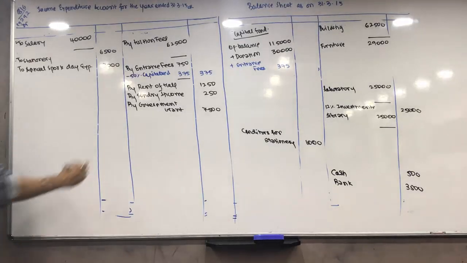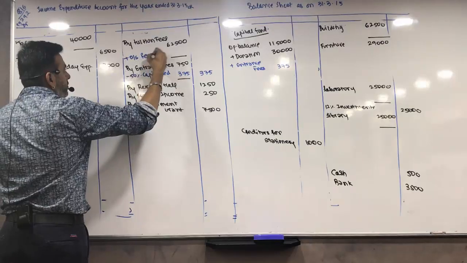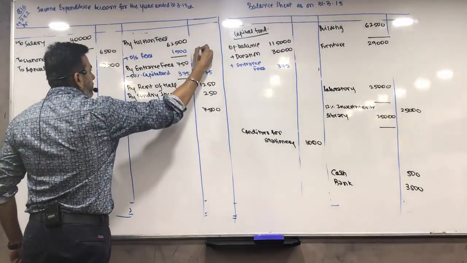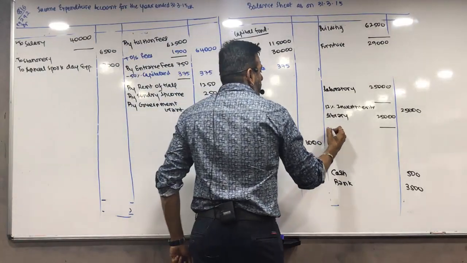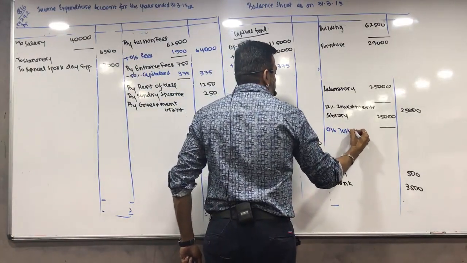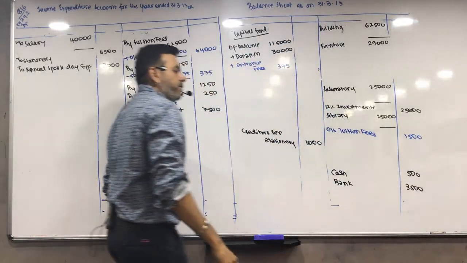Tuition fee outstanding 1500, plus outstanding tuition fees 1500.